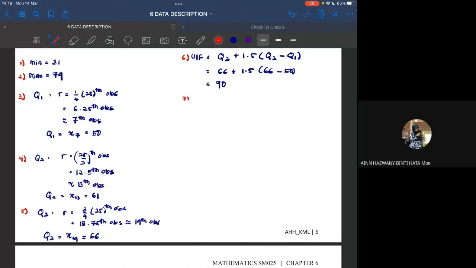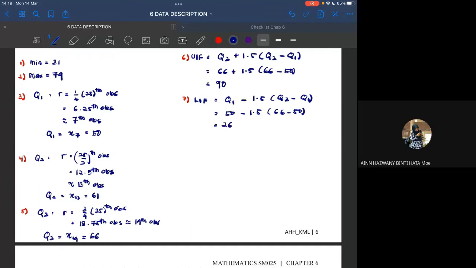Last one is to find the lower inner fence, which is the formula is Q1 minus 1.5 times Q3 minus Q1. Q1 kita ialah 50 minus 1.5 times 66 minus 50, and the answer here is 26.